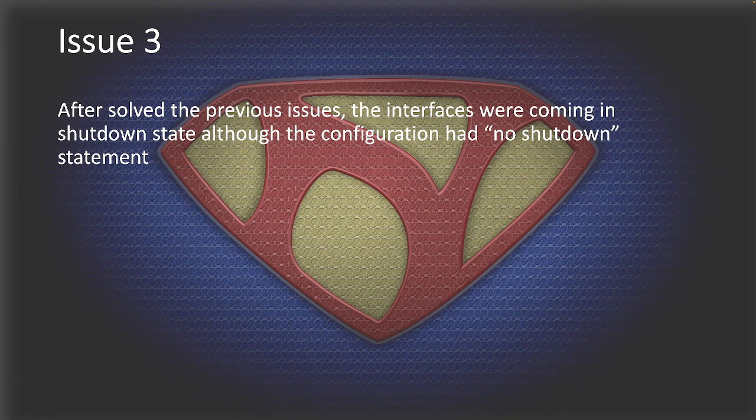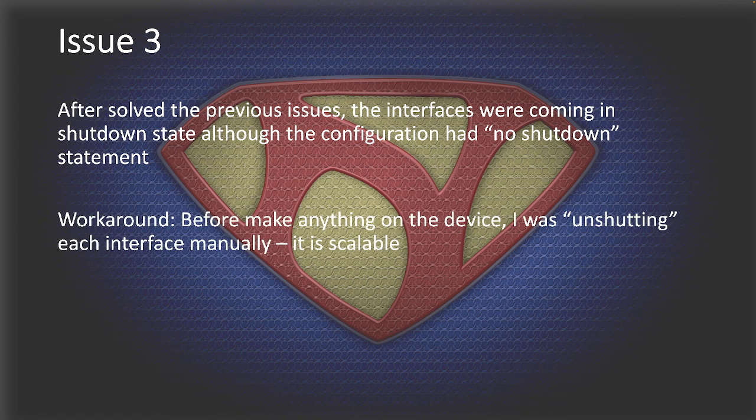And sometimes it was very tough because I have 5, 6 interfaces in the router, and I had to do one by one, no shutdown, and a commit command in the end. So I had to raise all the interfaces manually. It was very tough, and I was losing a lot of time.